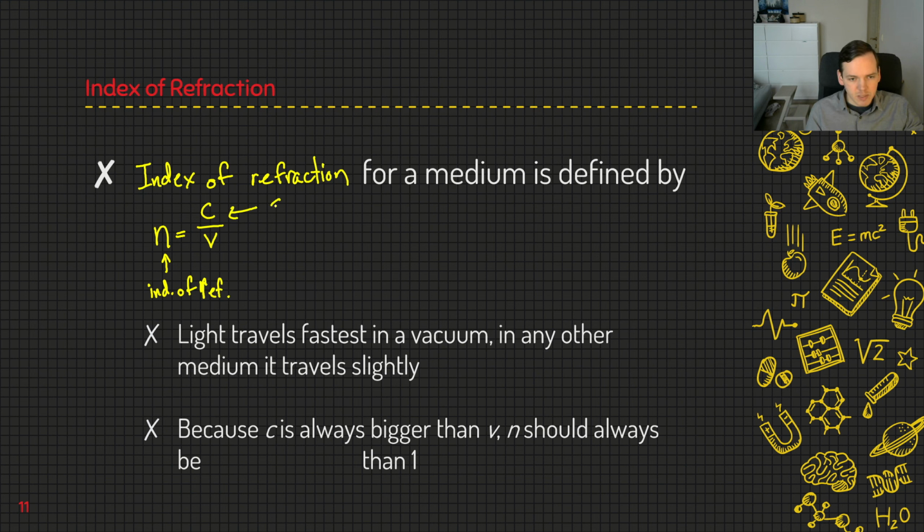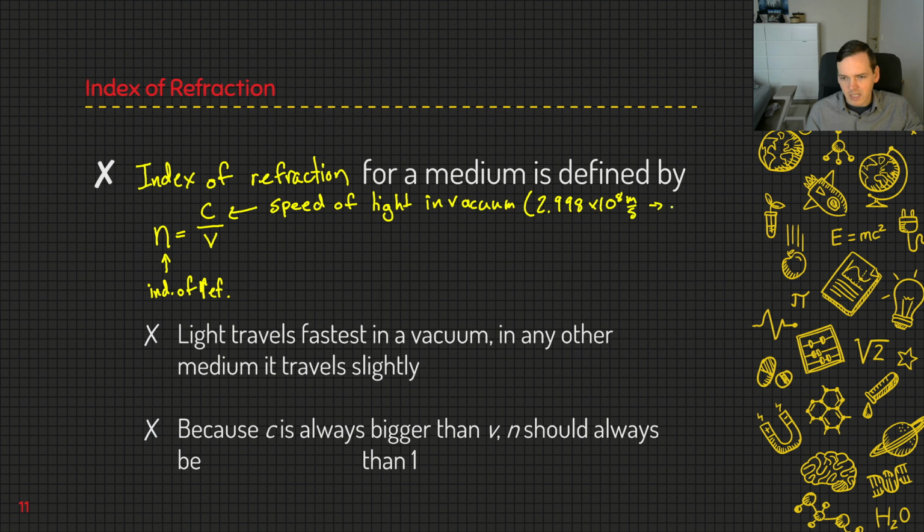c is the speed of light in a vacuum. And that is defined as 2.998 times 10 to the 8th, I believe, meters per second.